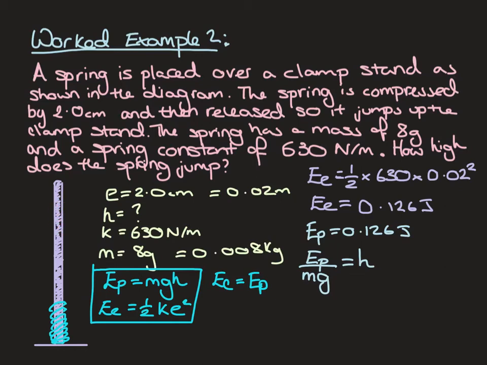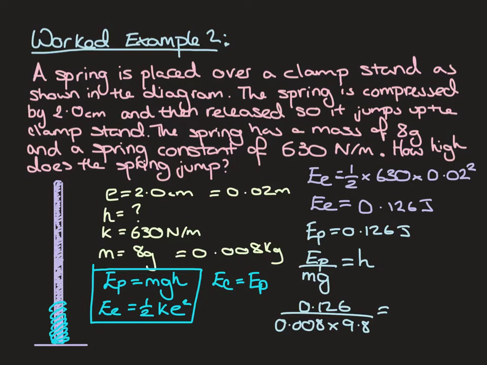So if we take this equation here for the energy in the gravitational store and we rearrange it to give us H, we get the energy in the gravitational store divided by the mass and the acceleration due to gravity is equal to the height of the jump.